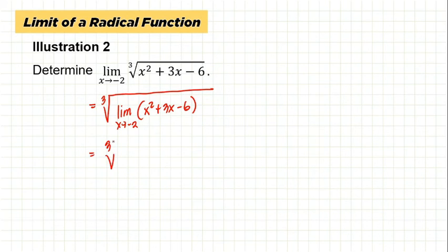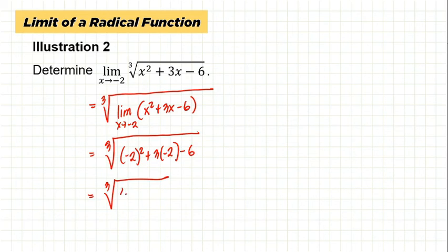So we have cube root of negative 2 squared plus 3 times negative 2 minus 6. So we have cube root of 4 minus 6 minus 6. So this is cube root of negative 8, and that is equal to negative 2. Okay? Since we have an odd index, there's no problem.